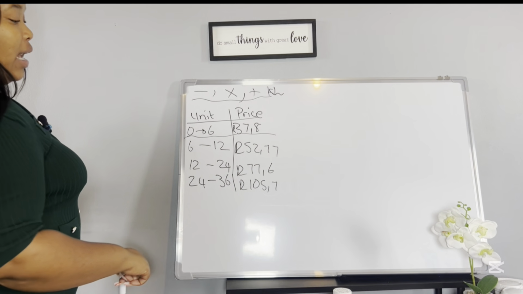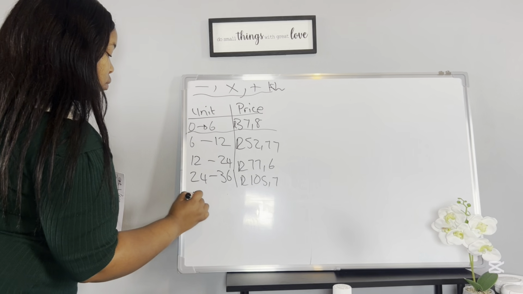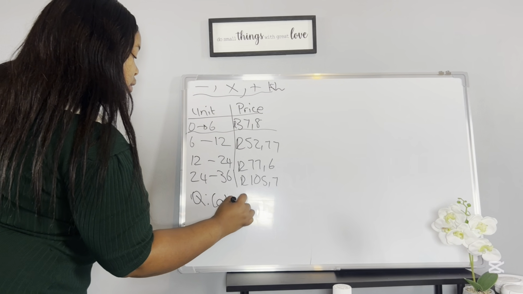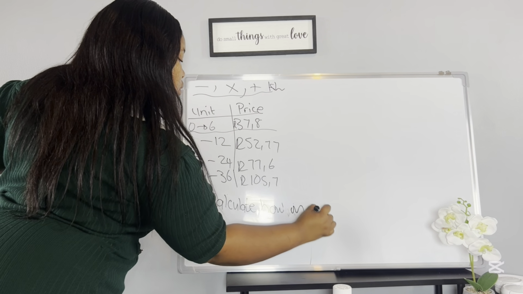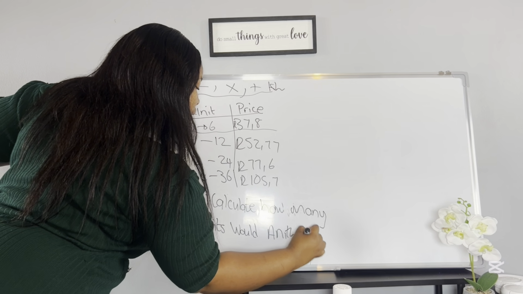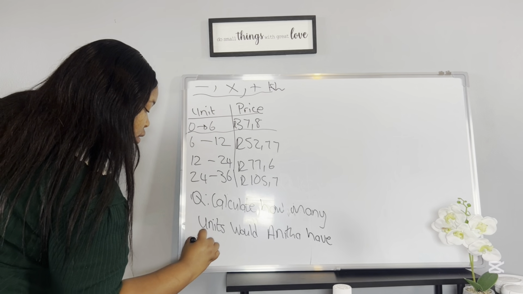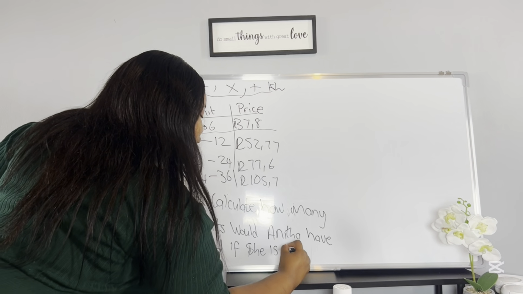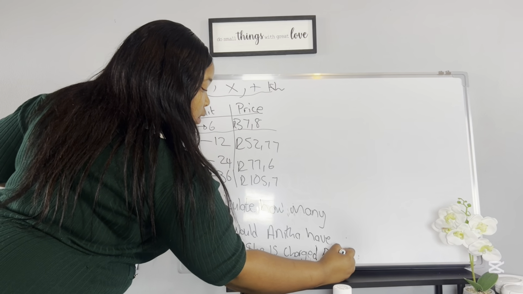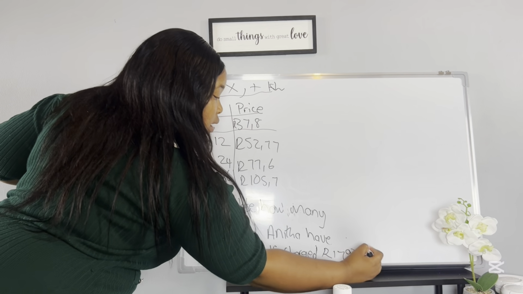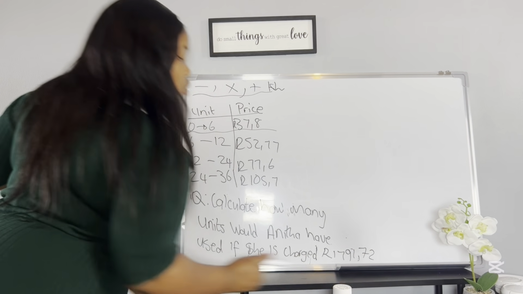Okay, now let's say the question says, calculate how many units Anita would have used if she is charged 1,791.72.